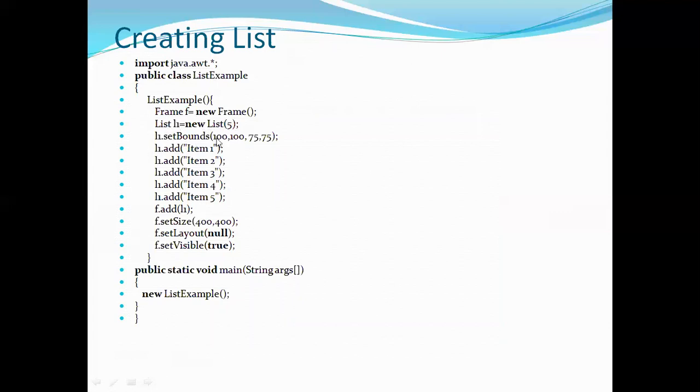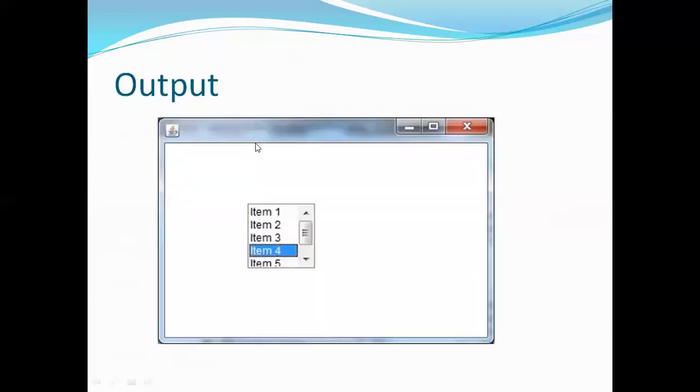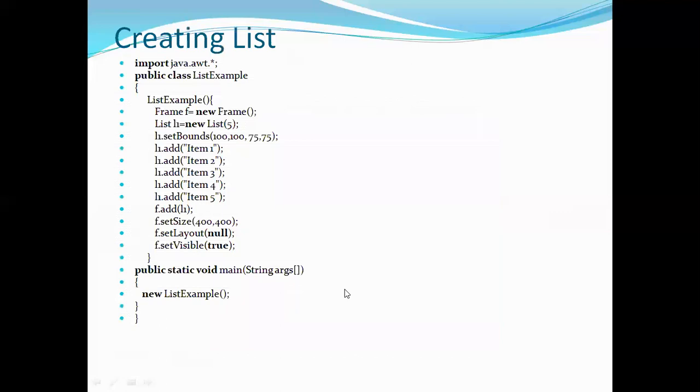Now the bounds of L1 should also be mentioned, like how much width and how much height. This particular area gives you the size of that. Now I've declared 5 as the size, so 5 items you are going to include. Those 5 items are added using the method called add.